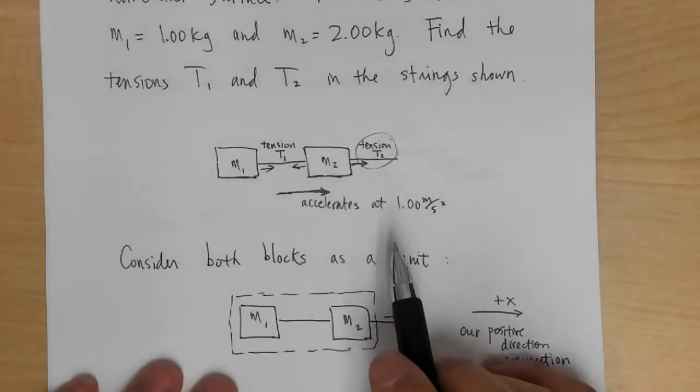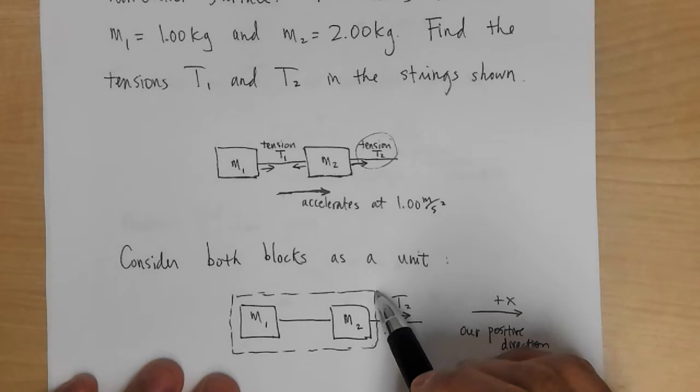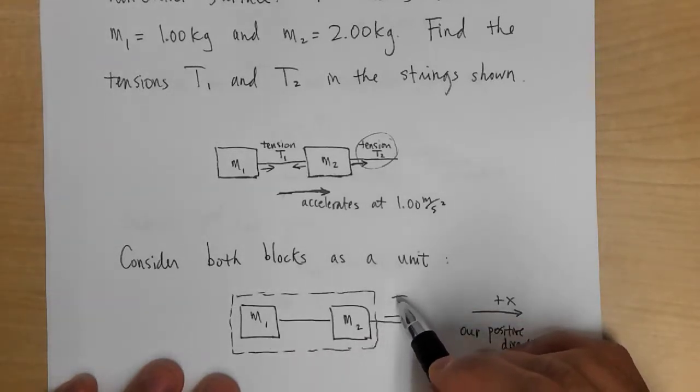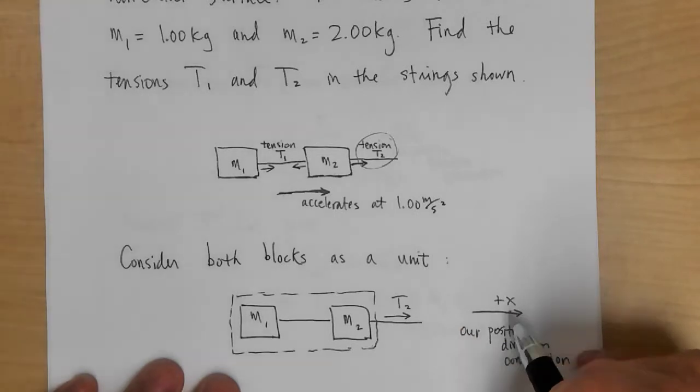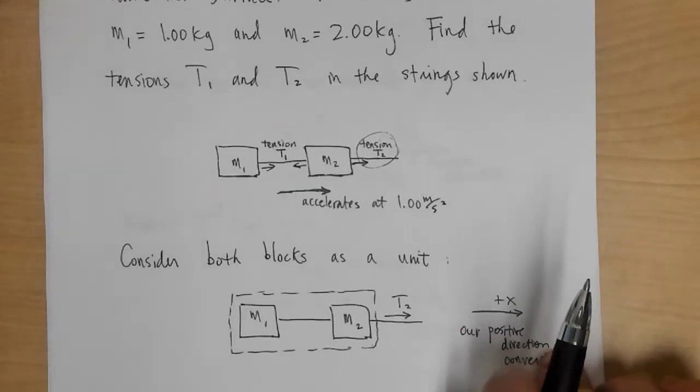Okay, so that's the strategy. We consider the free body diagram for M1 and M2 considered as a unit. The net force is just this T2 going in the positive x direction. We take positive x to the right.